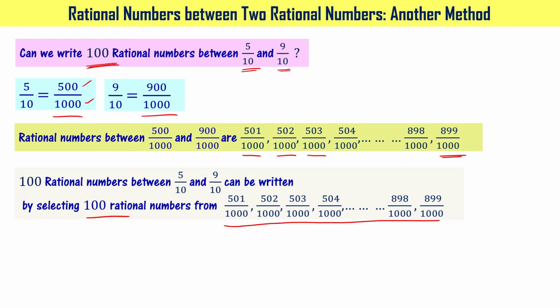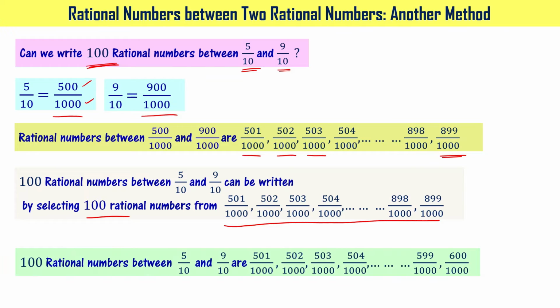You can select any of the numbers from this particular list, but I'm selecting the numbers starting from 501 divided by 1000 up to 600 divided by 1000, right? So 100 rational numbers between 5 by 10 and 9 by 10 are going to be 501 by 1000, 502 by 1000, 503 by 1000, and so on up to 600 by 1000.